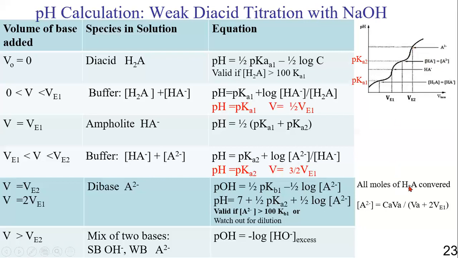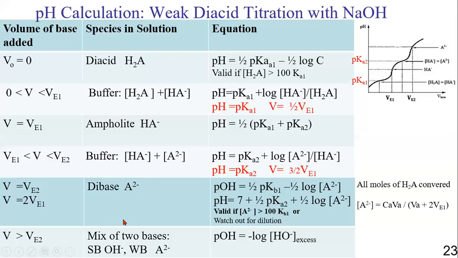So all the moles of H₂A initially got converted to HA minus, and that eventually got converted to A2 minus. And now how do I get the pH? Well, of course, this is the pH of a dibase, and now we have to do the calculation of the pH of a dibase. What is the pH of a dibase? Well, this dibase acts as a monobase, hopefully.